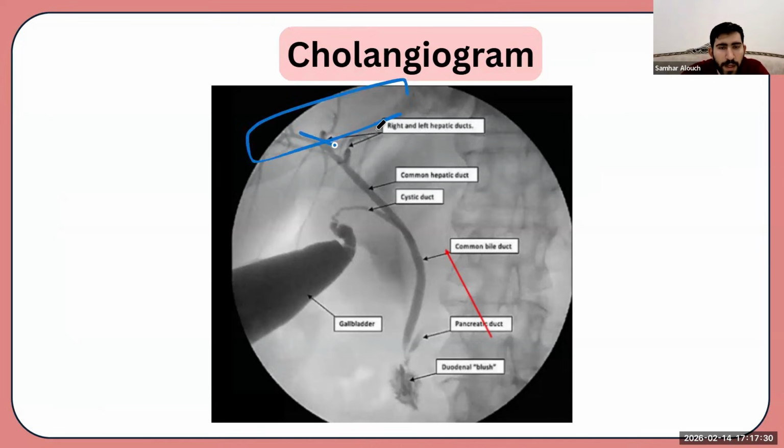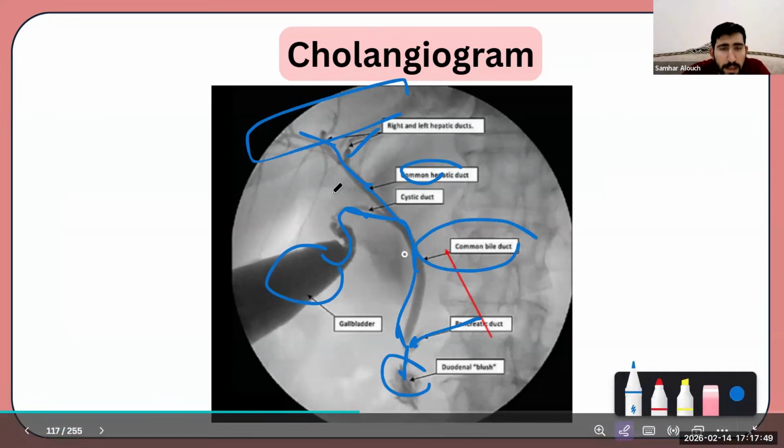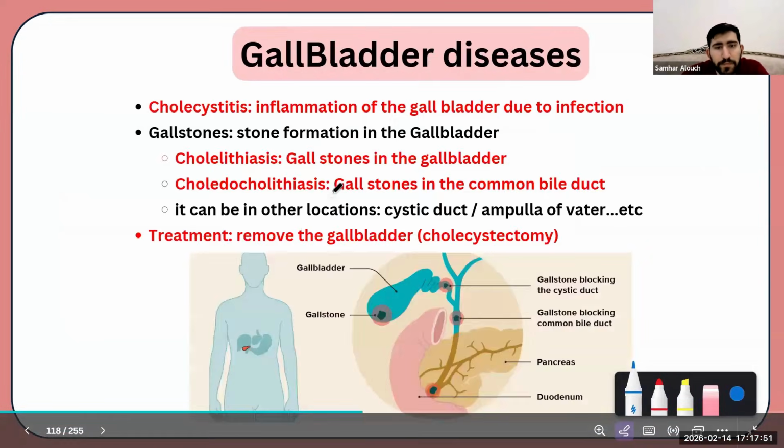So here we have the right and left hepatic ducts. They will fuse and make common hepatic duct. Here the bladder will give cystic duct. Cystic duct and common hepatic duct will fuse and make the common bile duct. Common bile duct will fuse with a duct called pancreatic duct. Both will open into the duodenum. Memorize these things by heart.